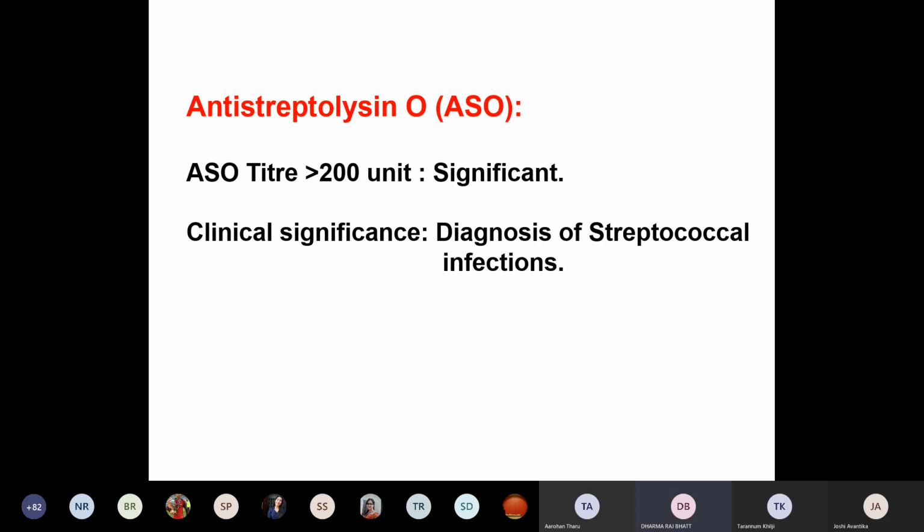Now, this is one of the important investigations required to diagnose streptococcal infection, not pharyngitis, but other infections that we will discuss.